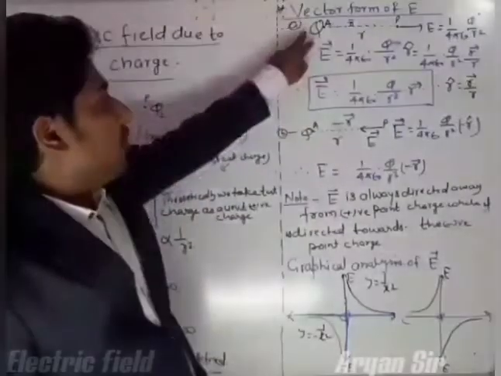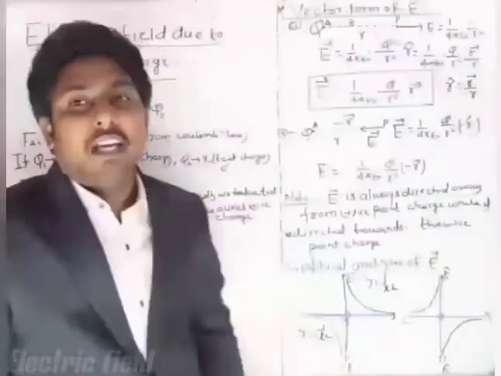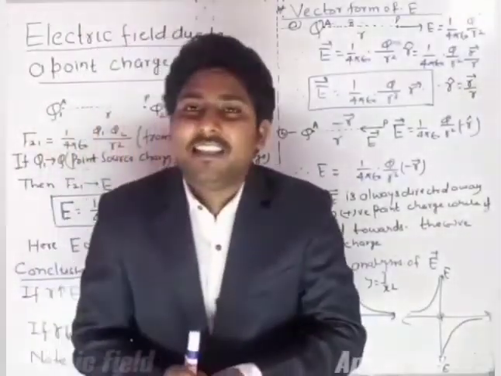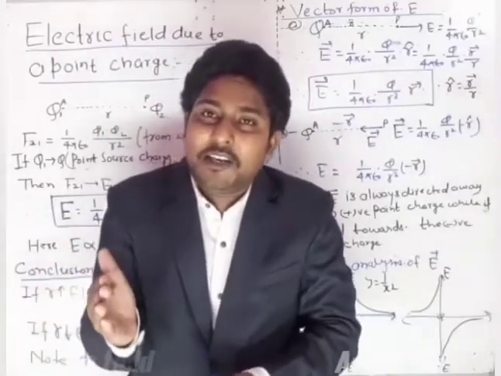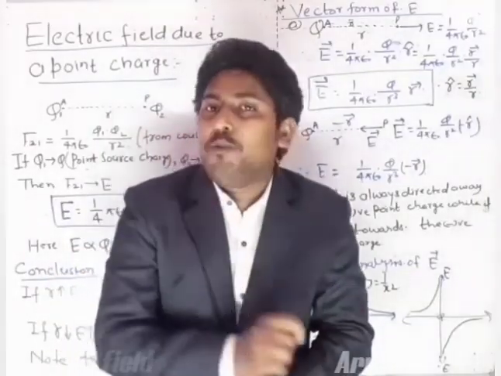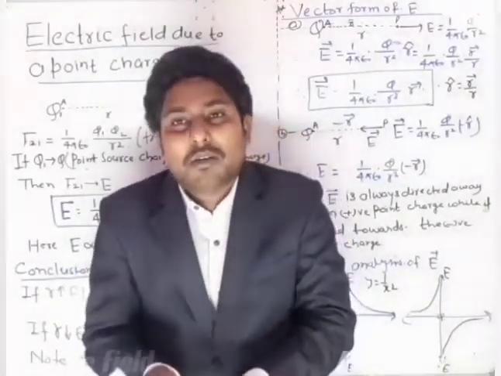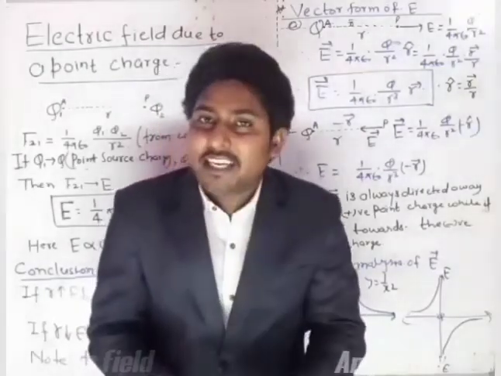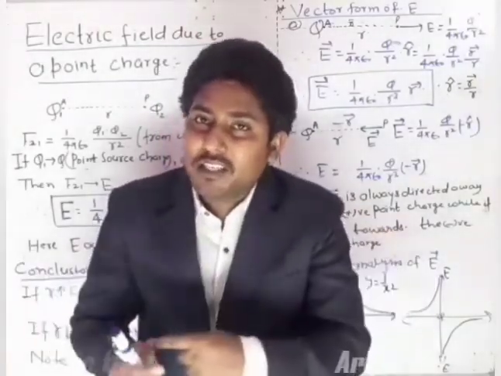So from these 2 points, we have concluded that electric field intensity is always directed away from the positive point charge, while electric field intensity is always directed towards the negative point charge.